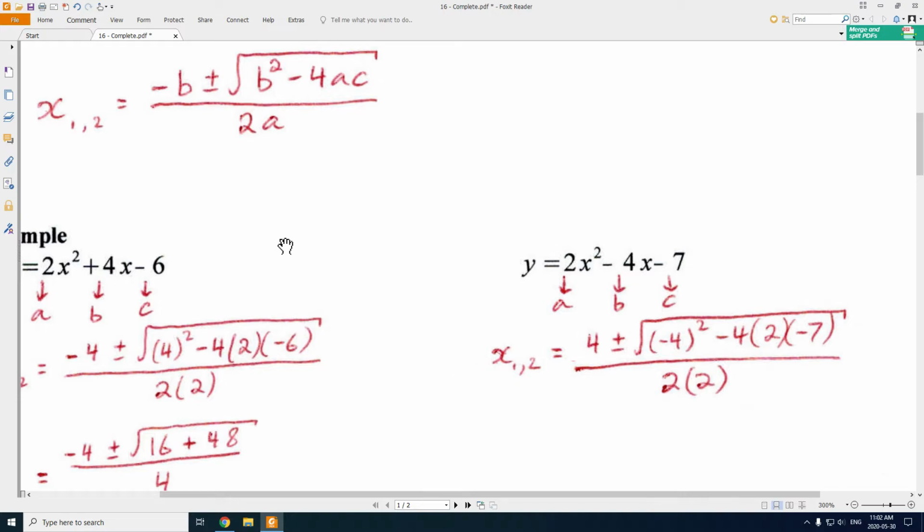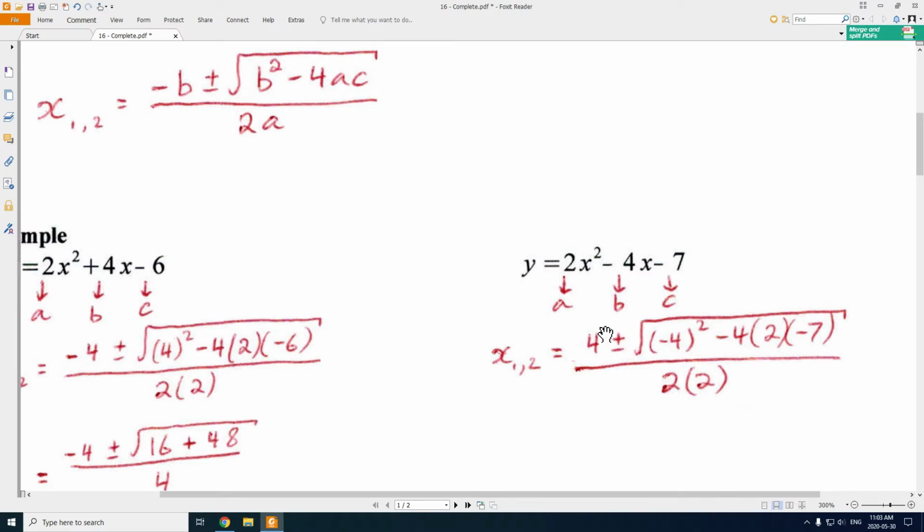All right, rewrite my formula. X, 1 and 2, right, for the two answers, equals -b, so that's -4, turns into a +4, plus or minus the square root. B squared becomes -4 squared.